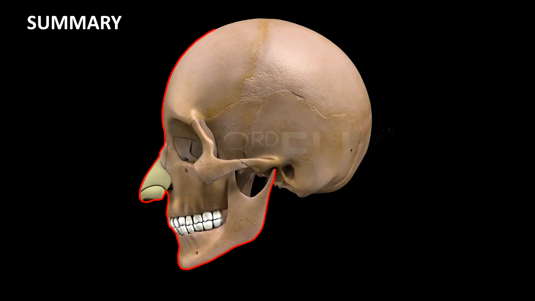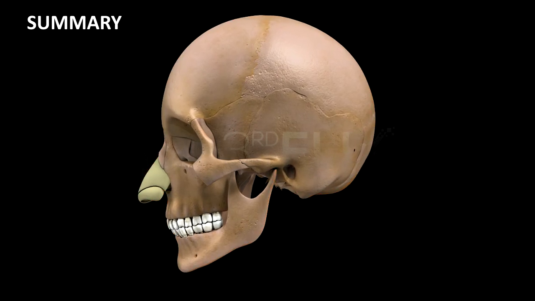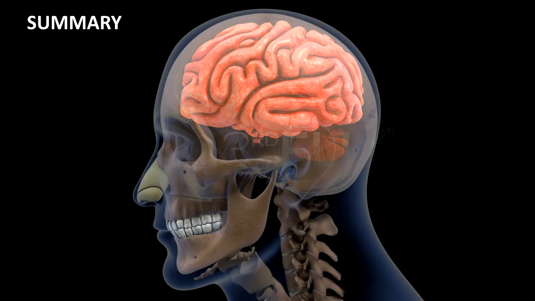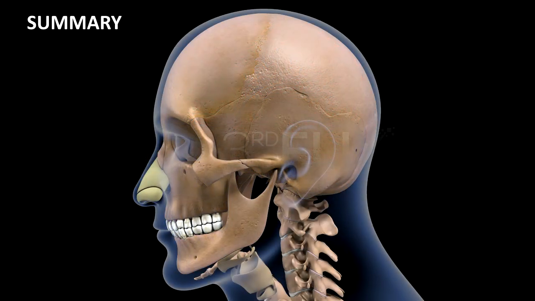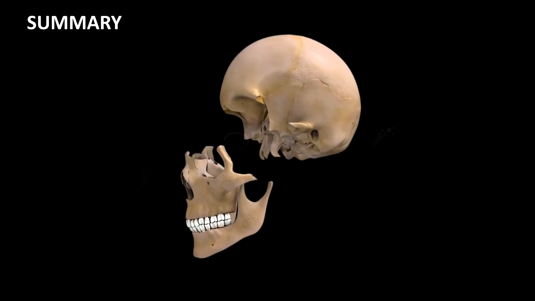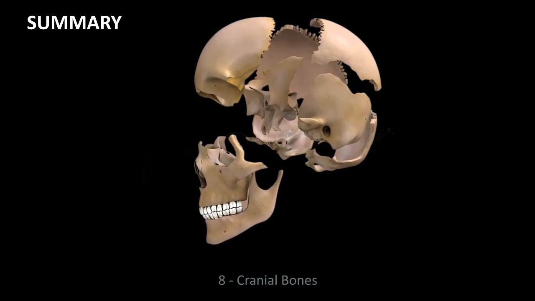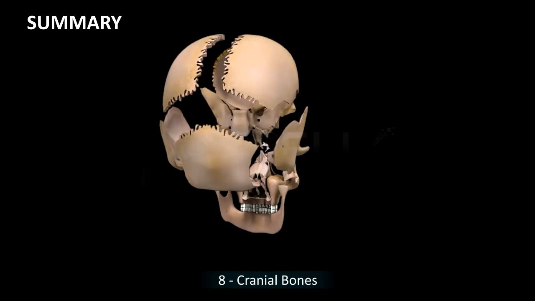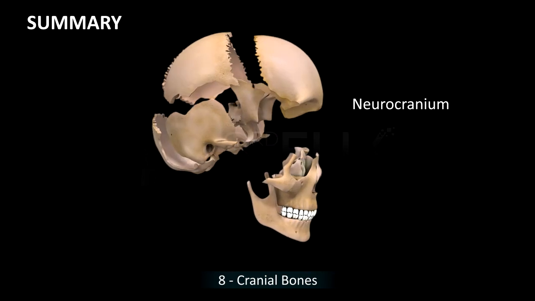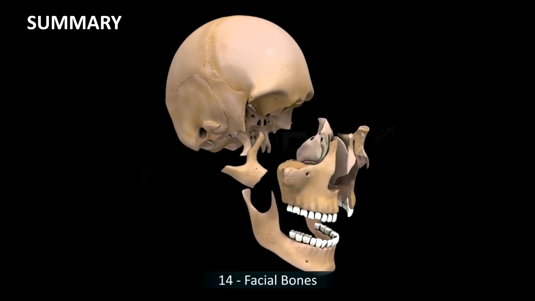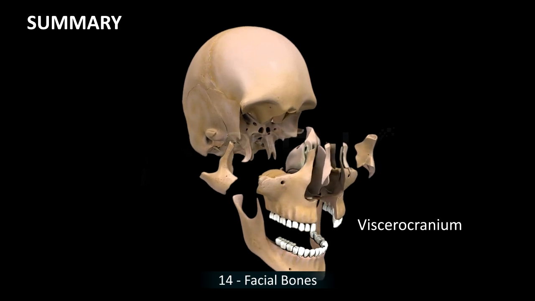The skull forms the endoskeleton of the head. It protects the brain and supports the structures of the face. The human skull consists of 2 sets of bones, 8 bones that constitute the cranium, also referred to as the neurocranium, and 14 facial bones that constitute the viscerocranium.